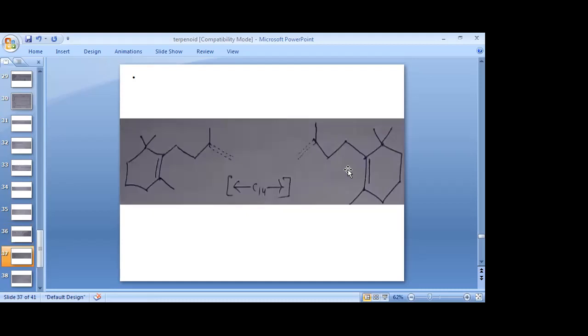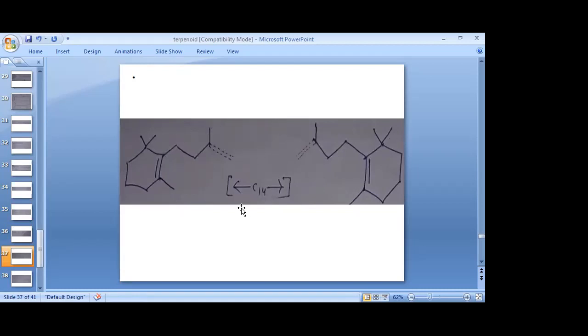Now if you think about the structure of beta carotene, you can see this is one hexacyclic ring and this is the second hexacyclic ring, with two methyl groups here and one methyl group there. Then you can see one single bond, one double bond, then one single bond, then double bond, then single bond.